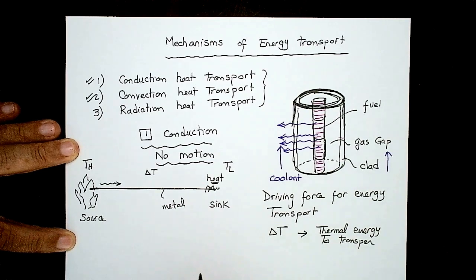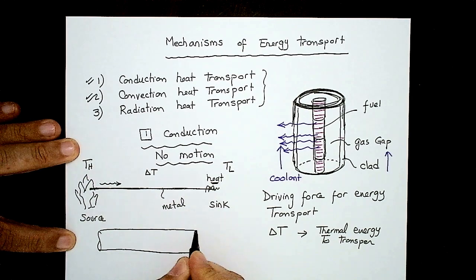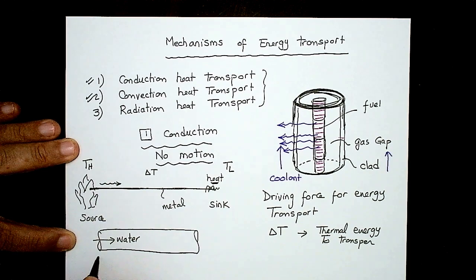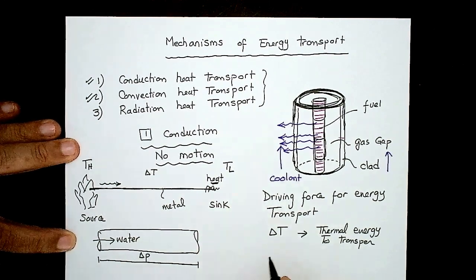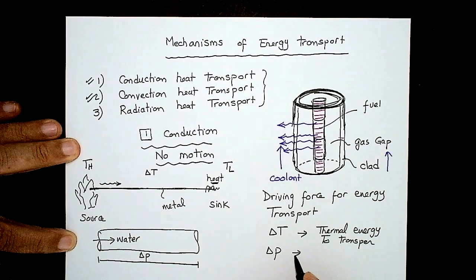Think about a flow in a pipe. You have a piece of pipe and you want to drive a flow of water into that pipe. What is the driving force? The driving force is to have delta P, a pressure difference between the two ends so you can drive the flow. So delta P will enable the flow, right? Same for the wind.